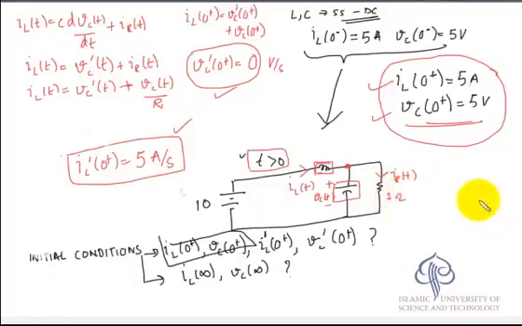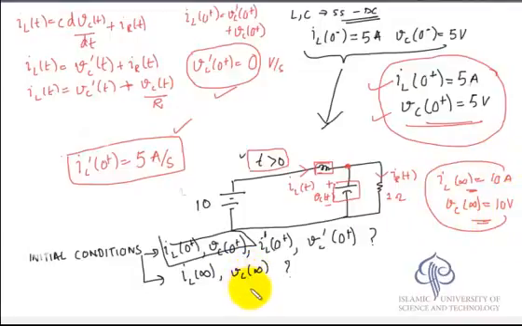So at infinity this iL is going to be 10 divided by 1, that is 10 amperes, and this vC is going to have all this voltage in parallel applied across. So vC is going to be 10 volts. So the problem is solved.